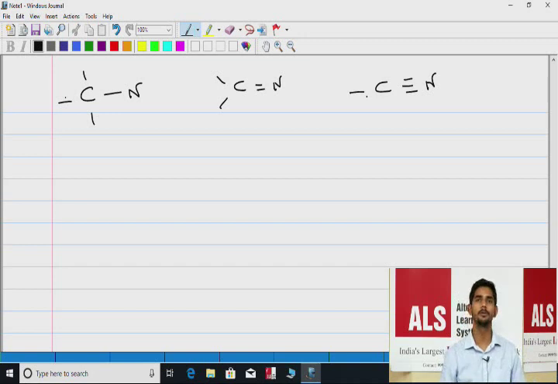Tell me, what should be the bond length order for these three species? Mark them as A, B, and C. Tell me the order.